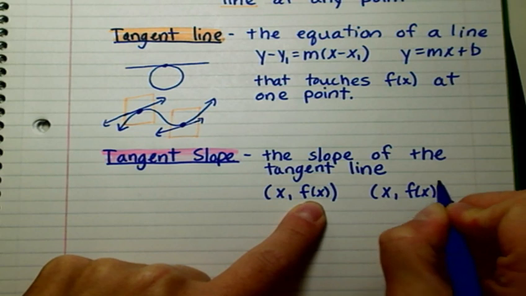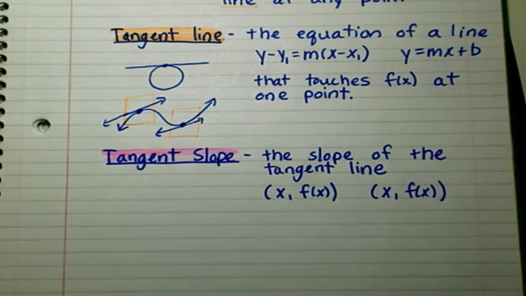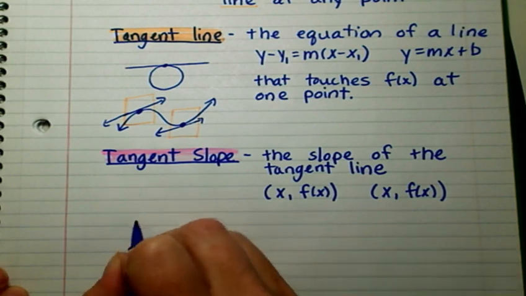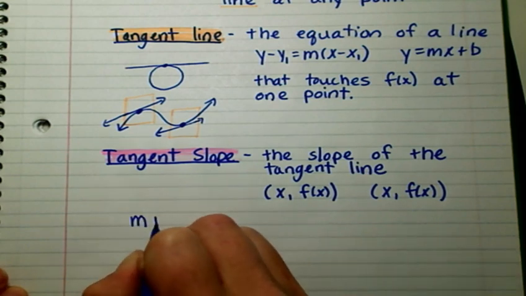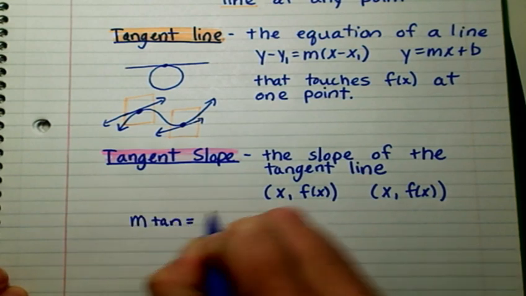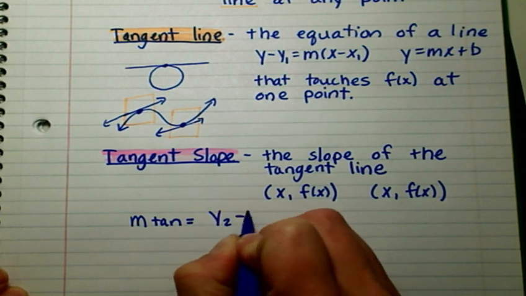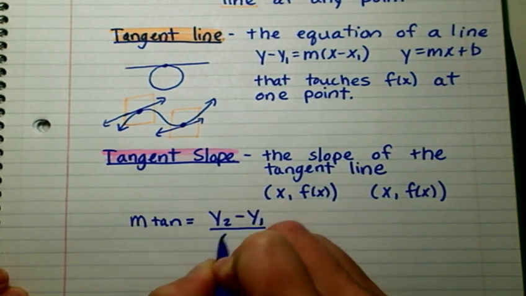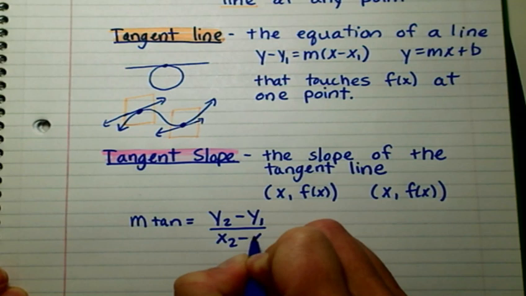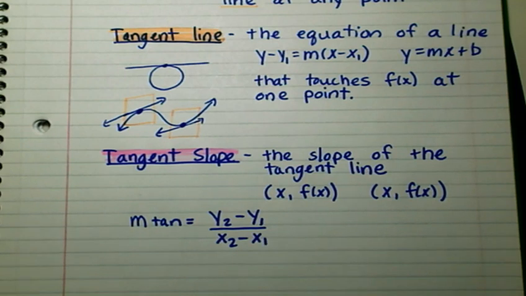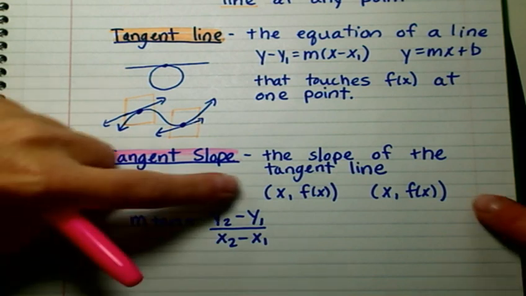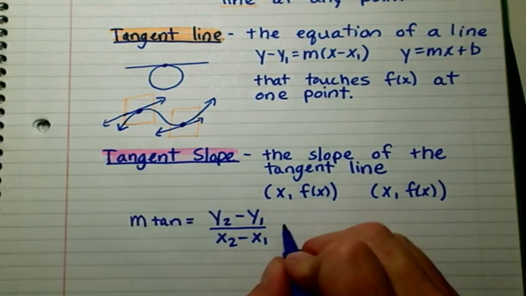Here's the other point, which is the same point, right? Because one point. And we're going to start with slope tangent. Okay, well, my slope formula is the same one as it's always been. Okay, right? But if I want it to be the tangent slope, I'm just going to use the same point.